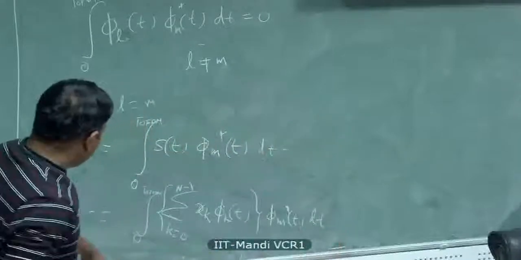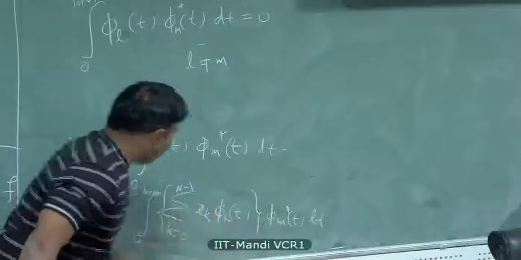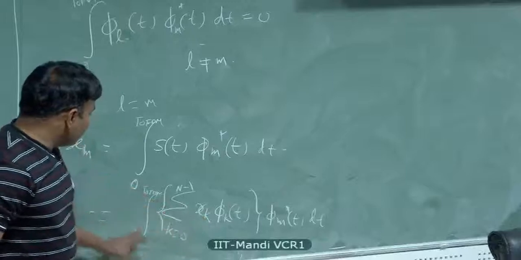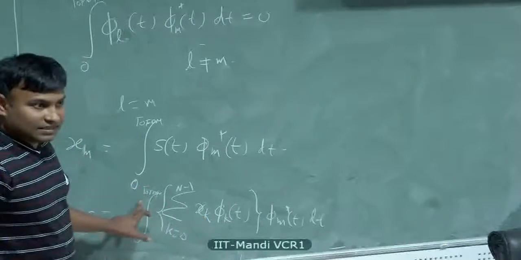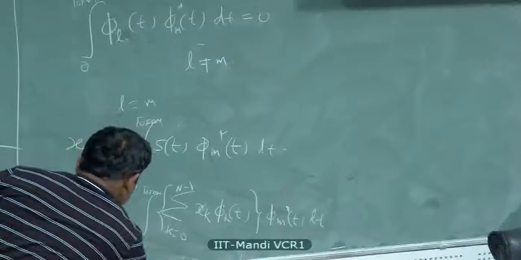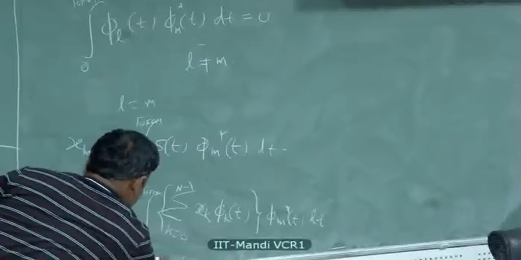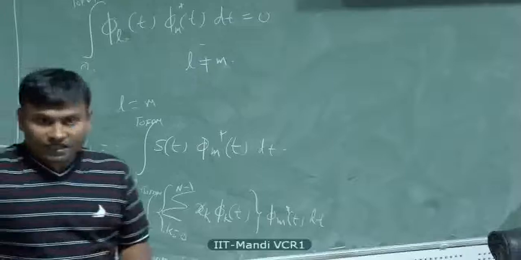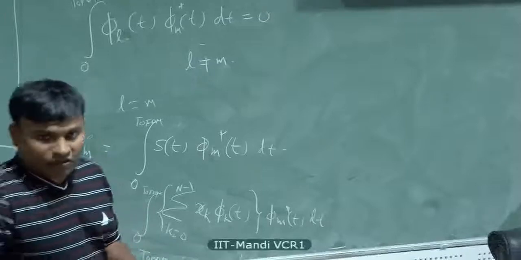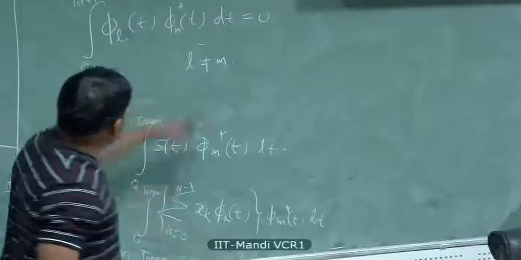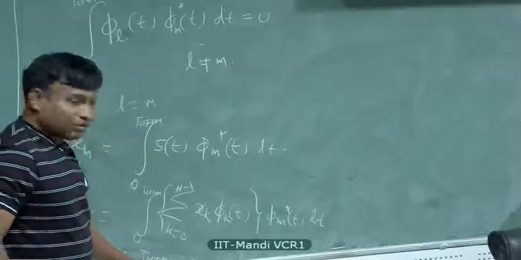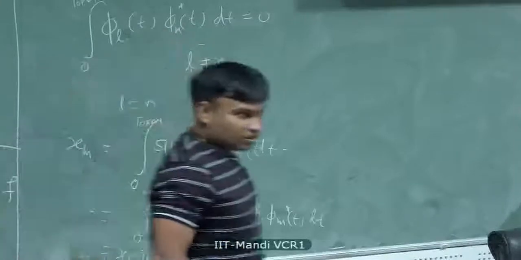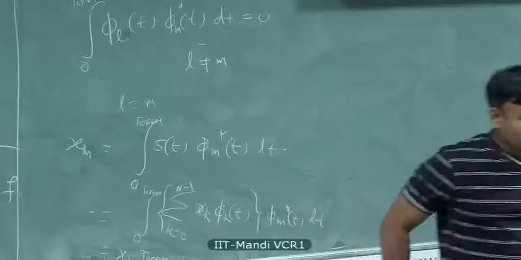Now you can see that for k equal to m, you will get back xk with some constant and 0 elsewhere because the waveforms are orthogonal. Of course, you can always normalize them so that this goes to unity. You can always normalize these waveforms such that it goes to unity.